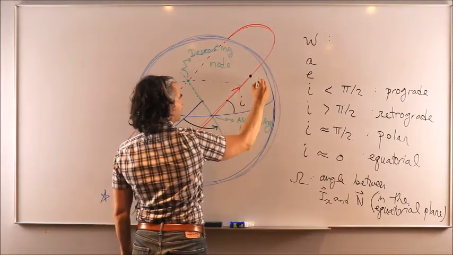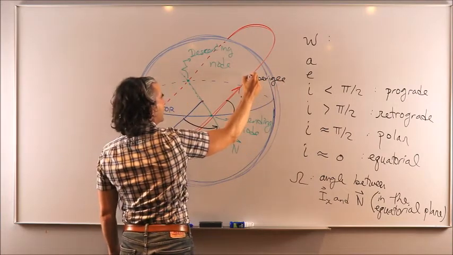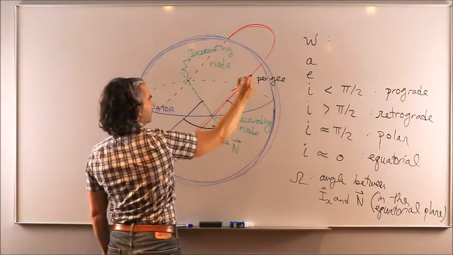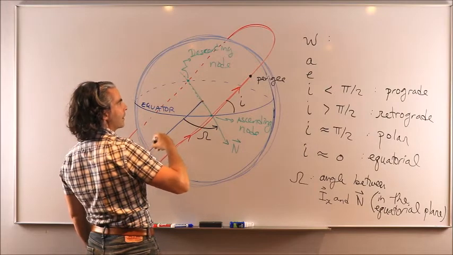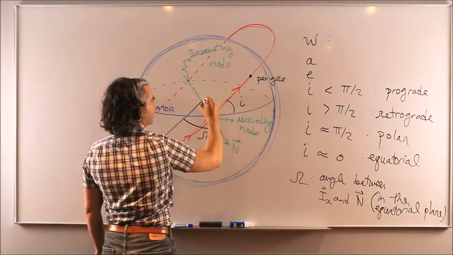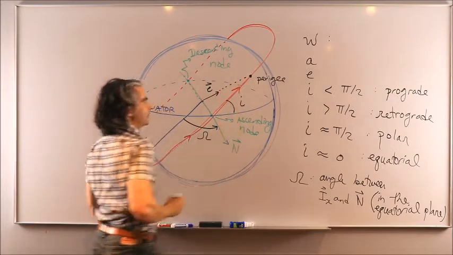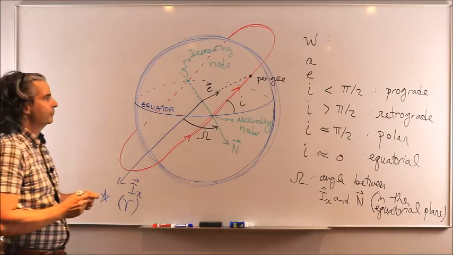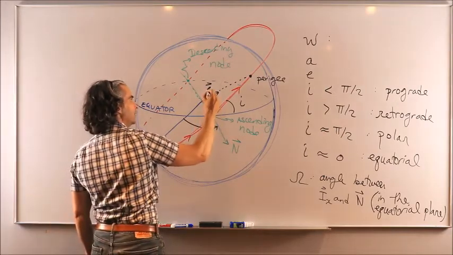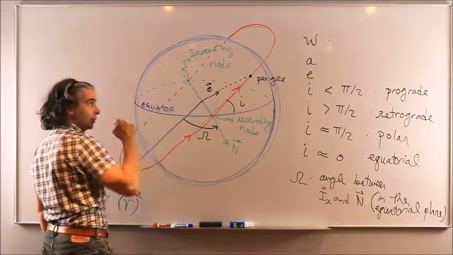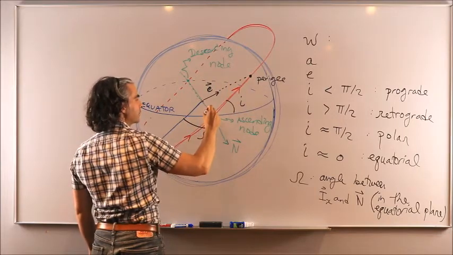Let's pretend the perigee is over there, meaning that this point is the closest to the center of the Earth, although it's difficult to picture in this very random orbit that I've drawn in red, such that you have your eccentricity vector pointing at this specific point, as we saw in the past. So again, the argument of perigee locates where the eccentricity vector points, or alternatively locates where the perigee is within the orbital plane.